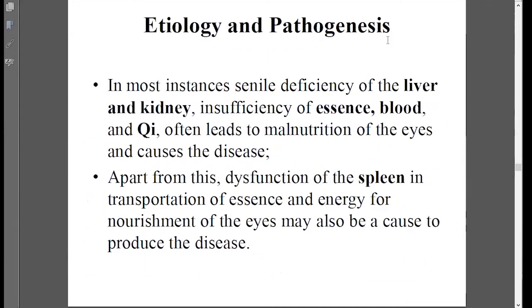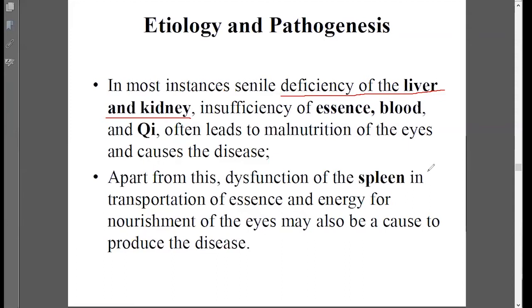For TCM, we always have etiology we can discuss in relation to different illnesses. Basically, we're talking about deficiency problems, with a relationship to the kidney and liver, like the zang-fu relationship with the eye we discussed before. Liver opens to the eyes, so for any eye problem we think about the liver.